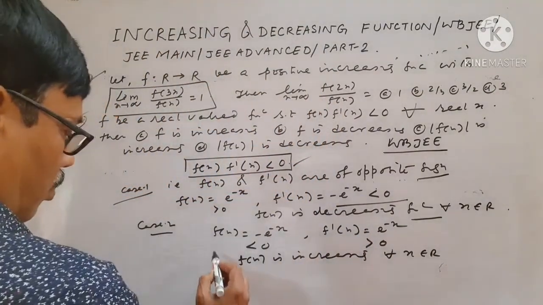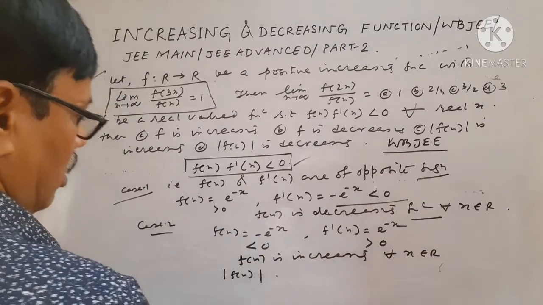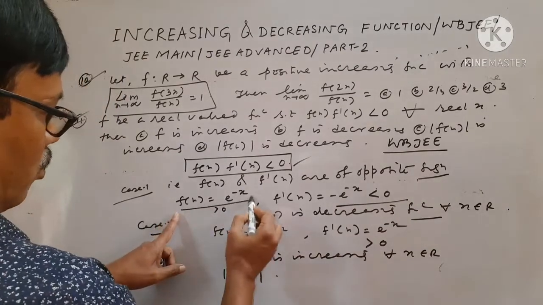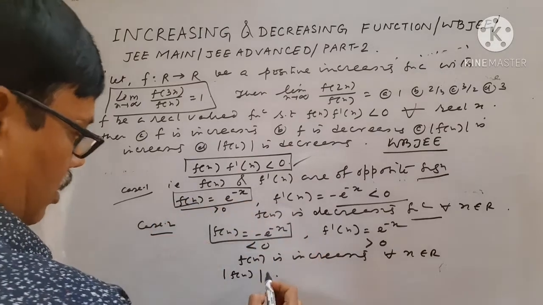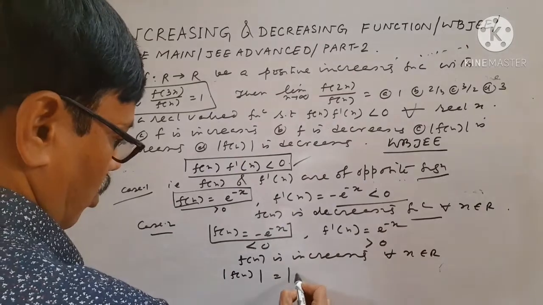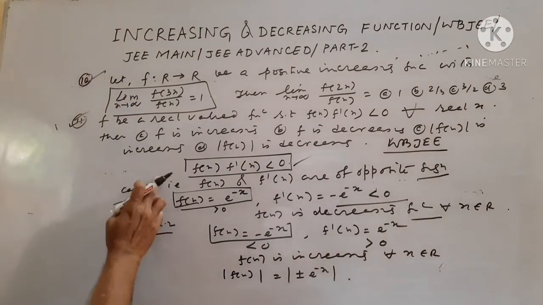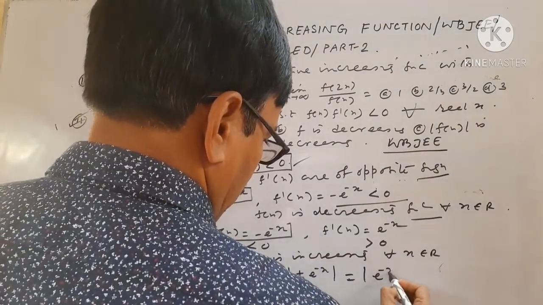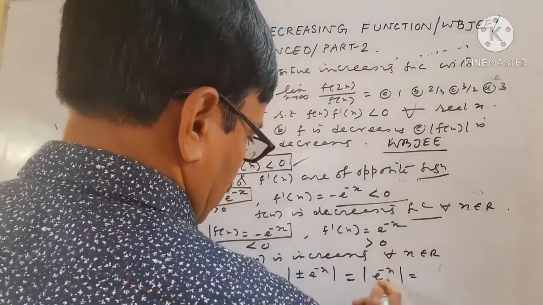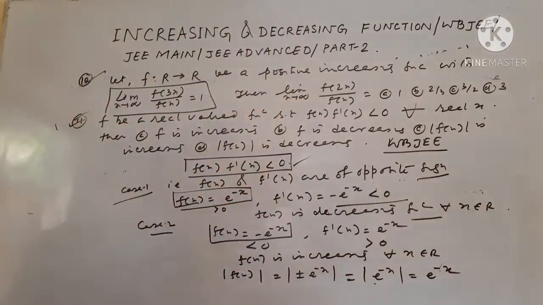Now, if we take mod fx, so here fx equals to e to the power minus x. Here fx equals to this. So, mod of plus minus e to the power minus x. Considering case 1 and case 2. So, e to the power minus x. This is positive quantity. So, e to the power minus x.